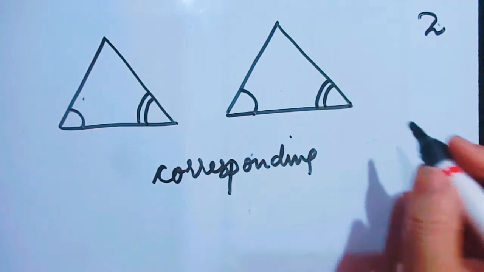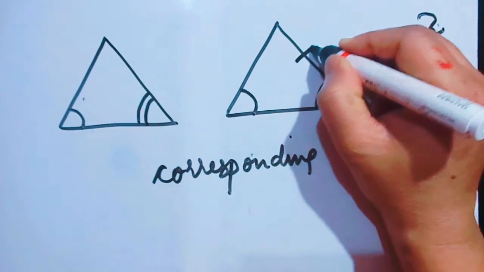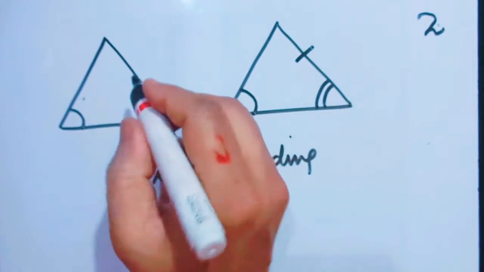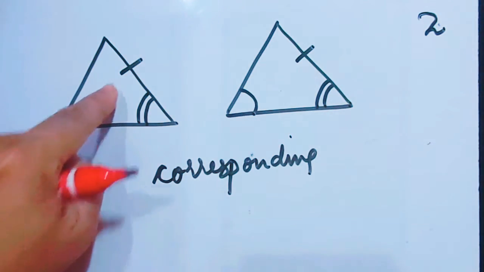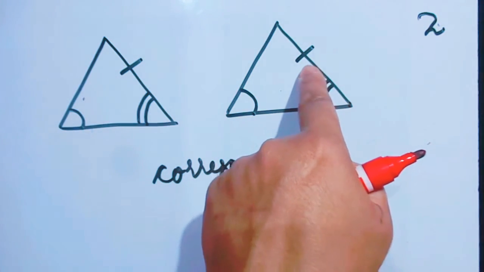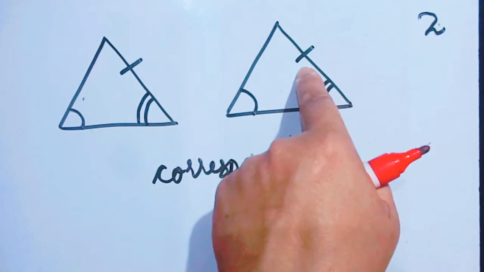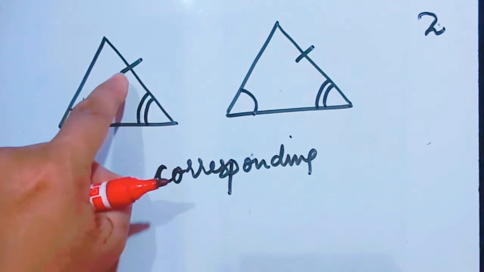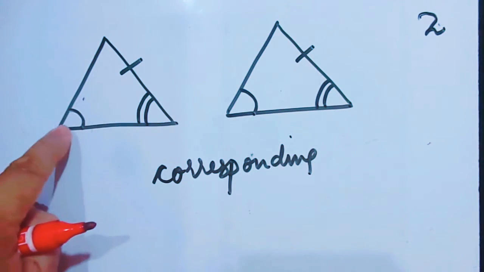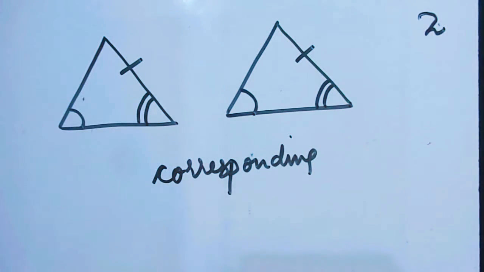Means if we are taking a particular side, this one, then it should be this side only in the other triangle. If we have taken this particular side opposite to the single arc, similarly we have to take this side only opposite to this single arc.